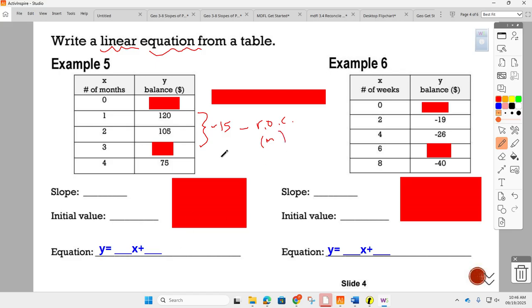Remember the rate of change is the change in y over the change in x. So negative 15 over 1, because it went up by 1, gives us a rate of change of negative 15. Does that make sense?